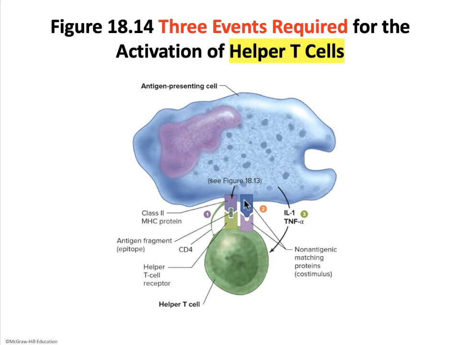The second binding involves other protein markers that are present on the surface of both cells, and once they fit, then the antigen presenting cell will have to secrete interleukin-1 and tumor necrosis factor alpha in order to guarantee that the handshake is legitimate, and that will wake up the helper T cell, which in turn will become activated and initiate other close events which are part of the immune response.